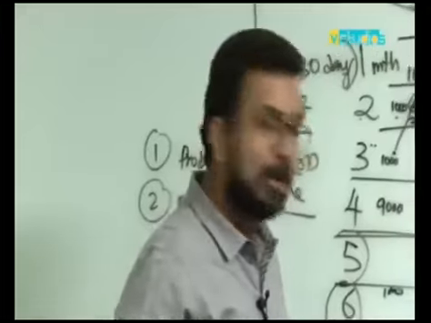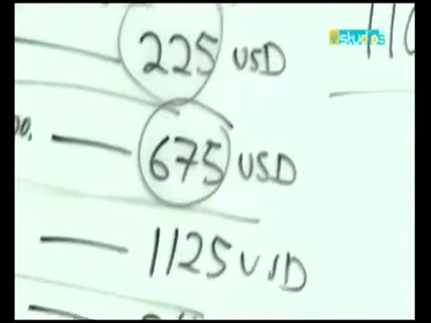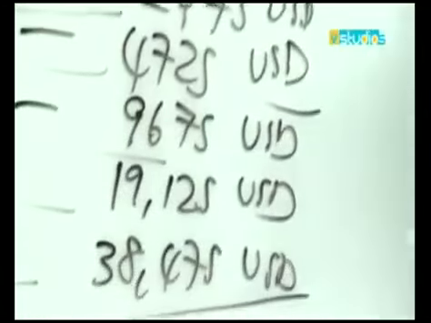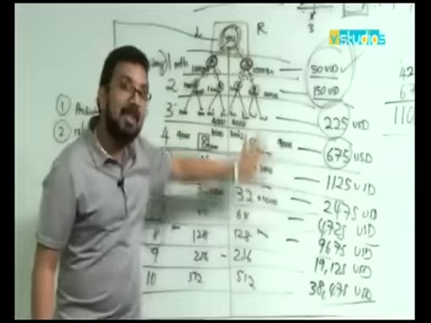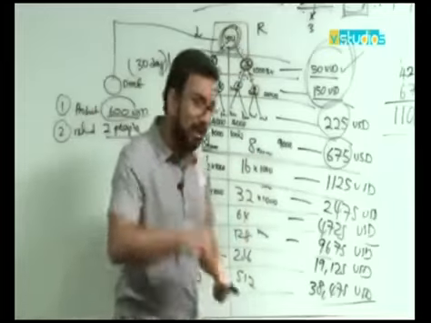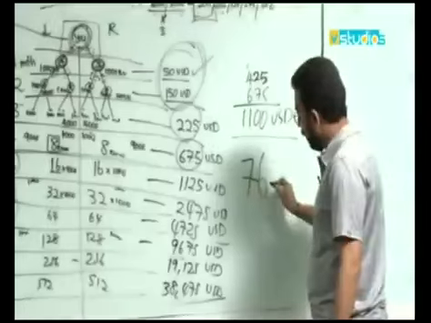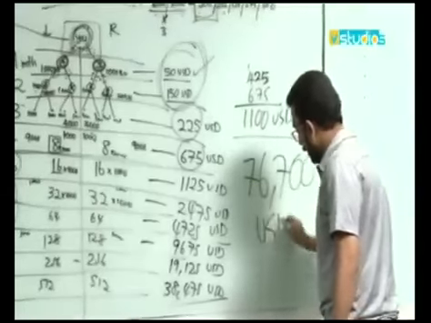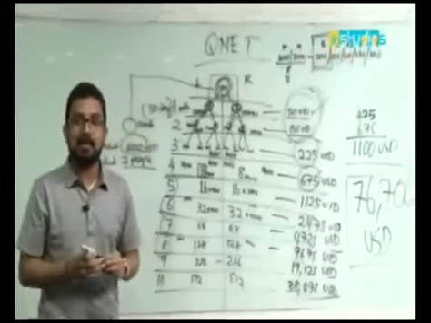Let's talk about your total income after 10 months. After 10 months, your total income is 76,700 US dollars. 10 months.